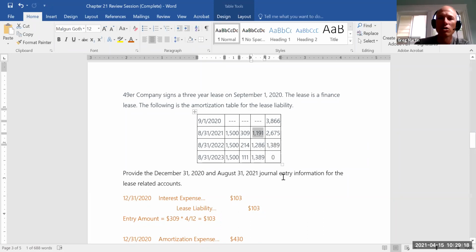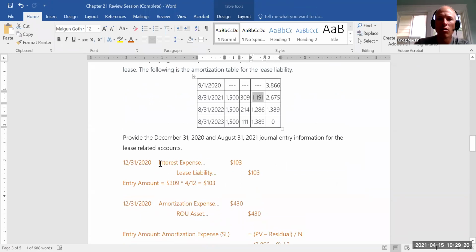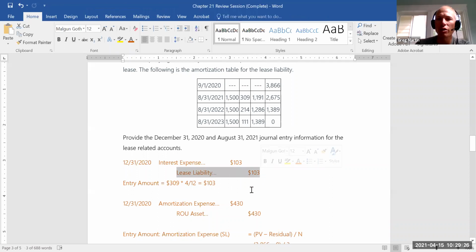Okay. So think about this. On 12/31/2020, the lease liability was increased by $103. And so if we do that math real quick, the new balance, 3,866 plus 103, so the new balance in our lease liability account as of 12/31/2020 is $3,969.